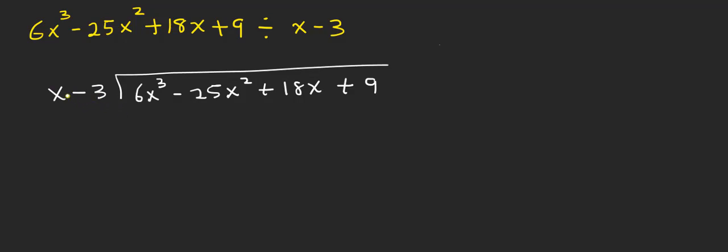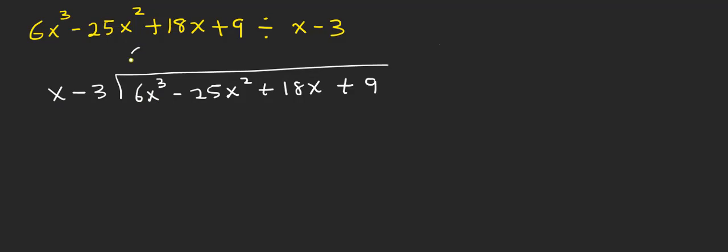Now, we need to make sure the polynomials are in order, the highest exponent to the lowest. And what you want to do is compare the first term of the divisor and the dividend. So, what times x will give you 6x cubed?